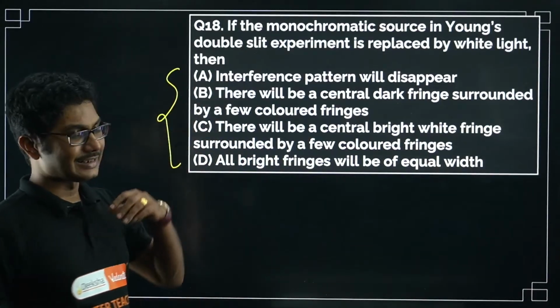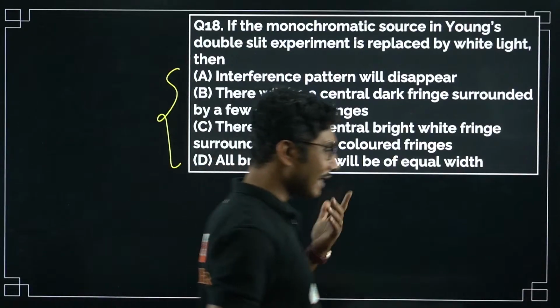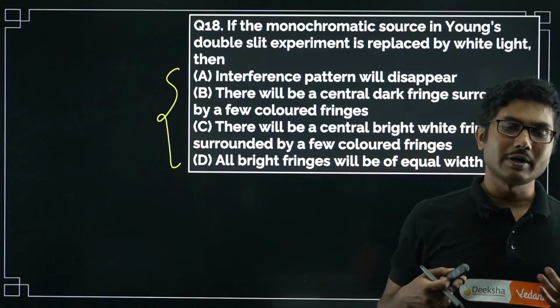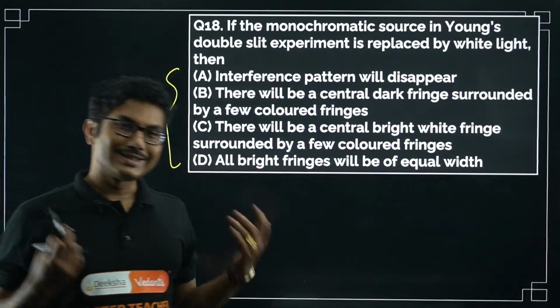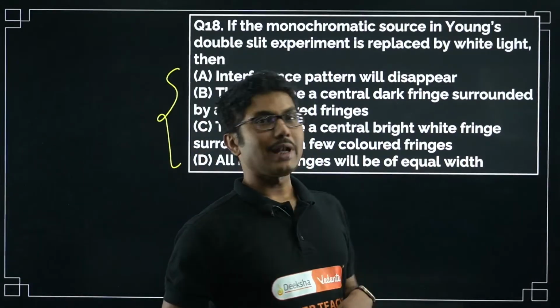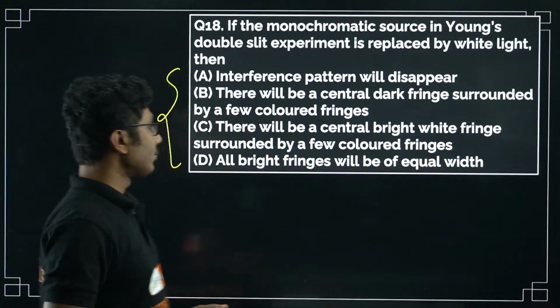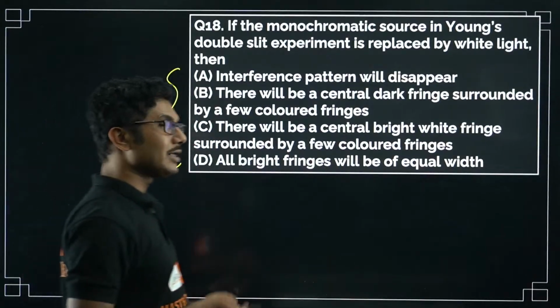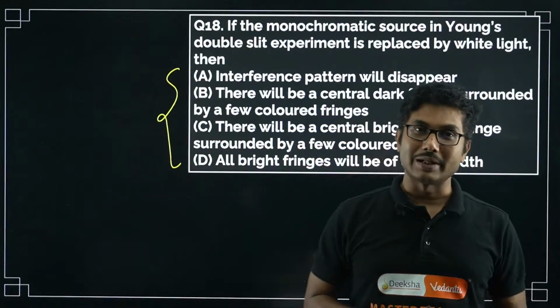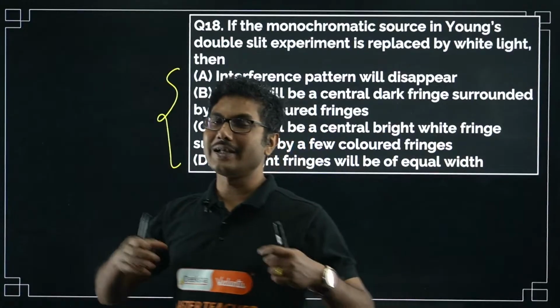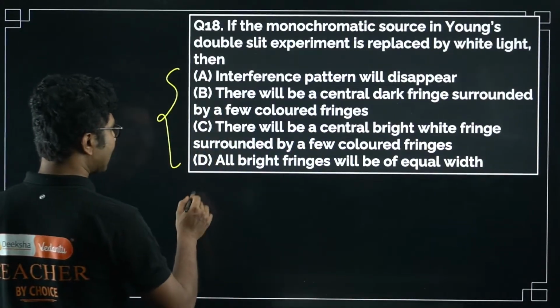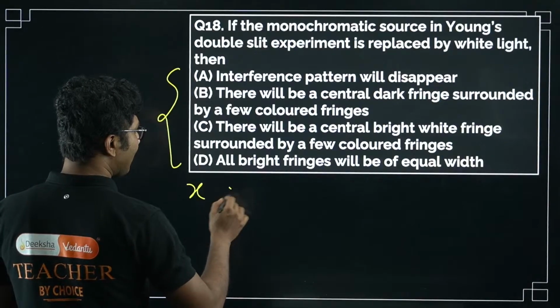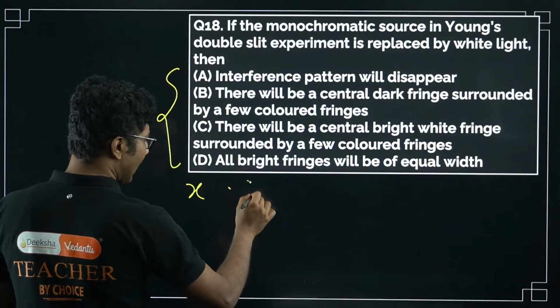Now in this case it is slightly different. White light is a mix of 7 different monochromatic colors, so individually all the colors will still interfere. So what will happen then? Because all the colors have different wavelengths, they will have different locations for maxima and minima, because the location of maxima and minima depends on lambda D by d.